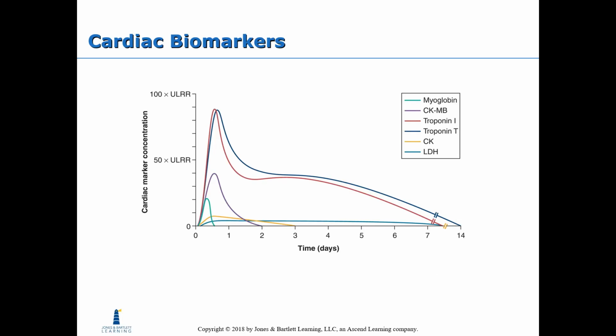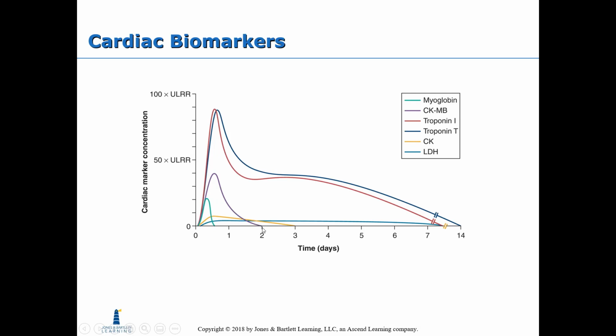This is a table showing many of the cardiac biomarkers, when they peak, and how long they stay elevated. Myoglobin has the shortest half-life and then completely disappears, so that one has to be measured early. CKMB, troponin I, and T all decrease after about a day.